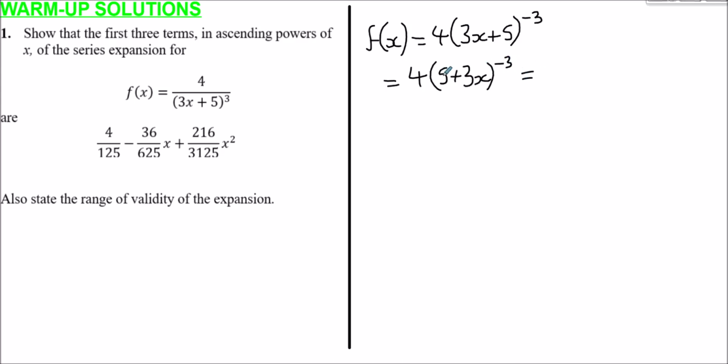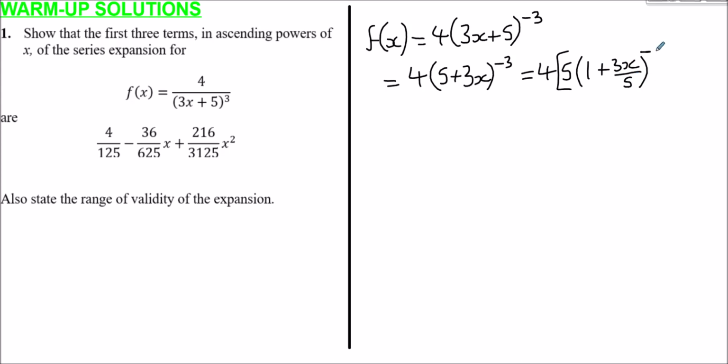Now, of course, this is like last lesson. We have a leading coefficient that isn't 1, so we need to factorize out the 5 from this bracket we need to find the binomial expansion for. So I'm going to put the bracket into bigger square brackets, factorize out the 5, and divide both terms here by that 5. So 5 divided by 5 is 1, which is what we need. 3x divided by 5, we just write like so.